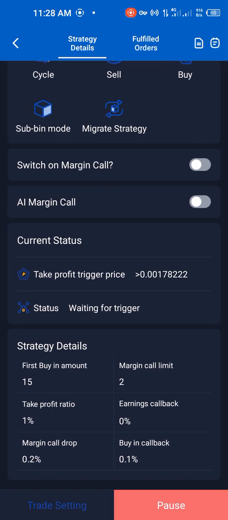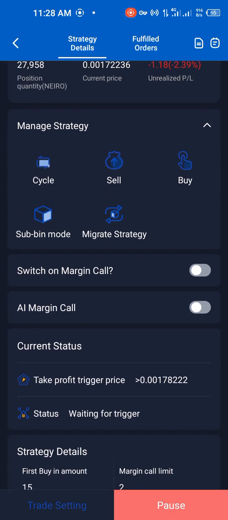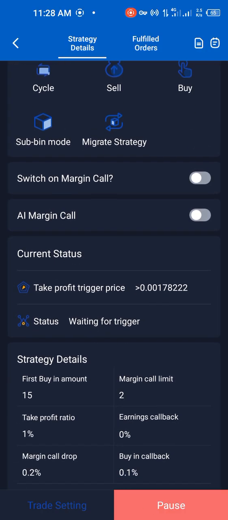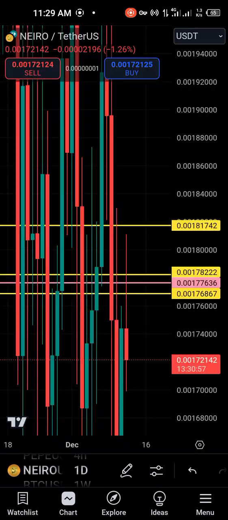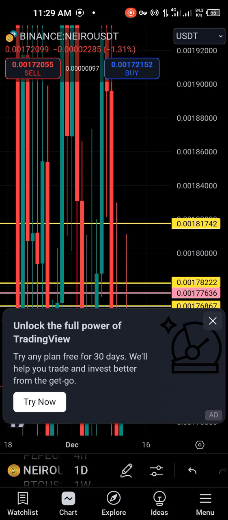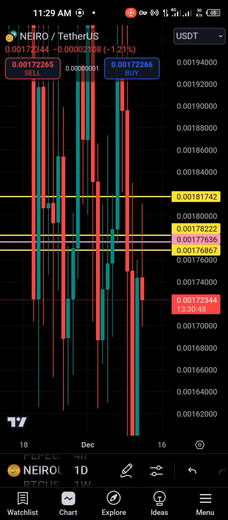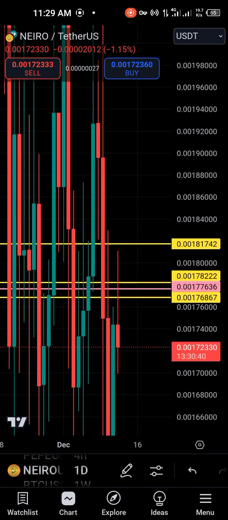I hope you understand. So you can always adjust your bot depending, and whenever you do this, marry your trading view, because it's in your trading view chart you will be able to see where your price is, where your take profit is, and how you can maneuver it. If you watch and you see that the bot is coming down and the price of the market is coming down, and you just want to sell on time, you can go and reset this take profit ratio.